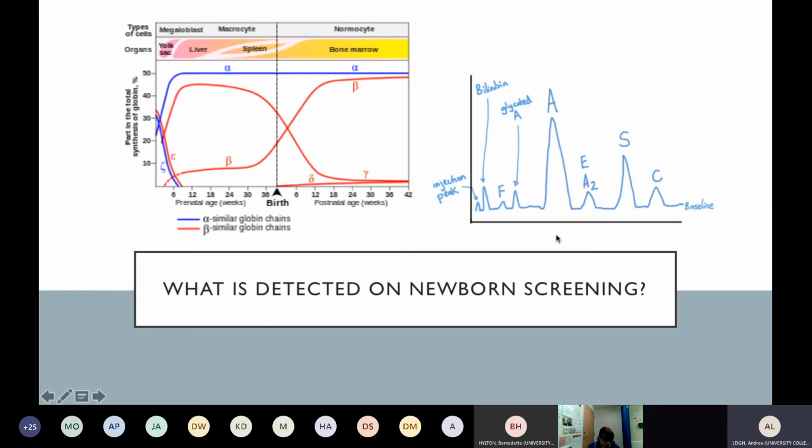But what it aims to do is detect significant hemoglobin disorders by detecting an abnormal hemoglobin or a significantly low hemoglobin A. So if you've got less than 1.5% of adult hemoglobin, it suggests you've got a problem with your beta globin. And here you can see these spikes. So if you've got a spike in the S position, then you've got sickle hemoglobin. If you have a spike in the C, then you've got hemoglobin C, etc.